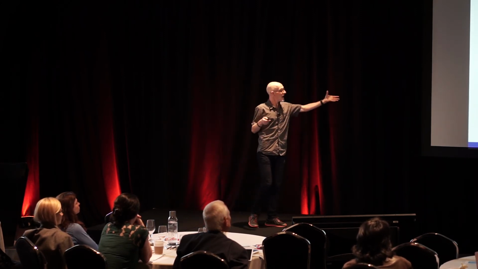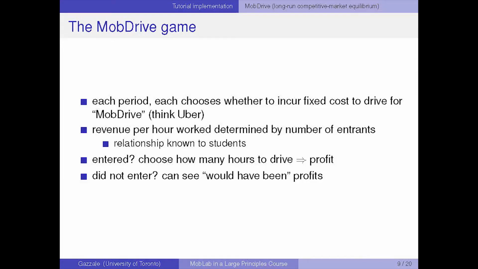If a driver enters the market, they then choose how many hours to drive based on the revenue that they get per hour. So this gives a little bit more experience with marginal benefit, marginal cost. And importantly, if they did not enter, they can see, well, maybe should I have entered? Would I have been profitable had I not entered?